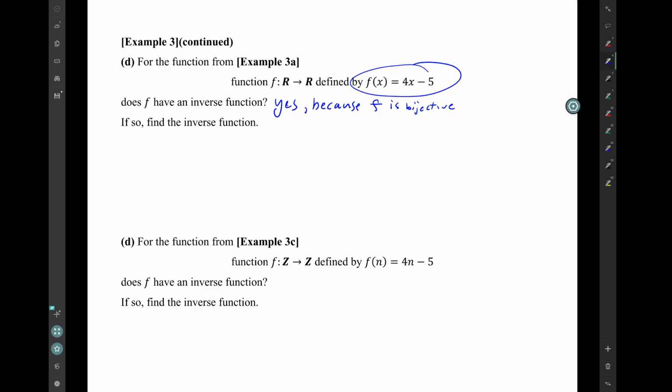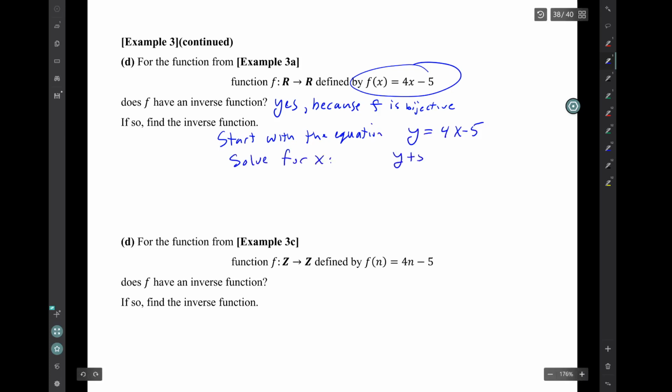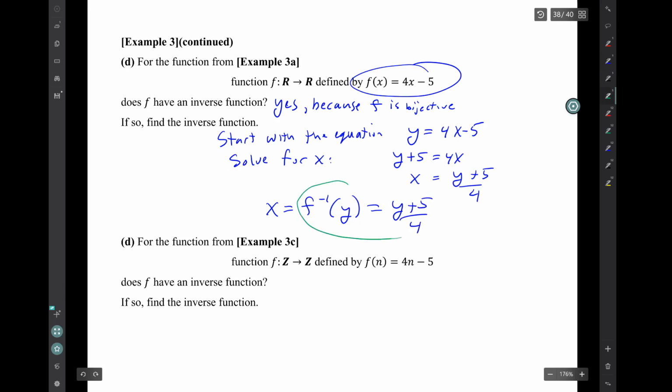Well, we start with the equation y equals 4x minus 5 and solve for x. So what we have now is an equation solved for x in terms of y. This gives us the function f inverse. So the equation for the inverse function is f inverse of y is that formula.